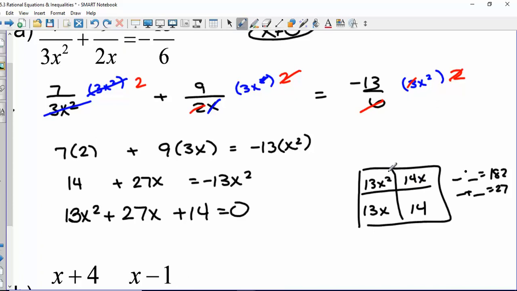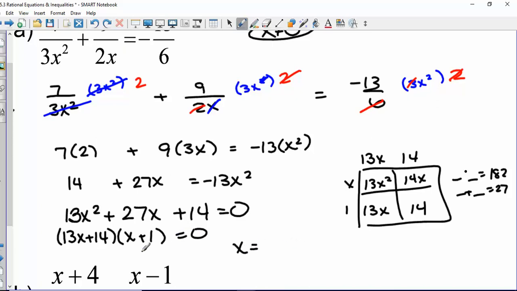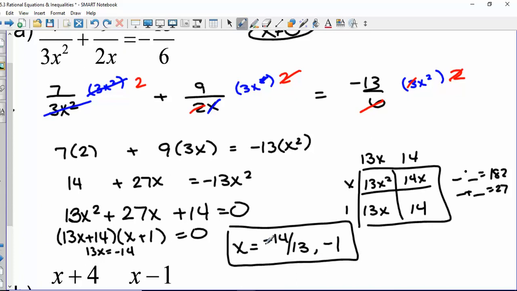Yeah. We have 13x and 14x. So if we set each of those to 0, we get a negative 14 over 13 and a negative 1. Are both of those answers okay? Yes. So on this one we actually got 2 answers that worked.